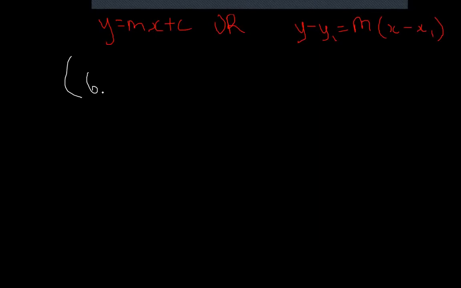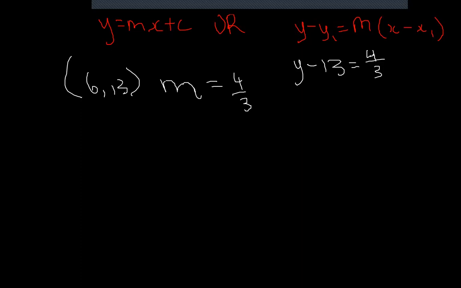Let me just write. This was our coordinate and our gradient, 4 on 3. So we put back y minus y1, which is 13, equal to m, 4 on 3, times x minus x1, which is 6. All we have to do now is put it in the form y equals mx plus c. So y minus 13.